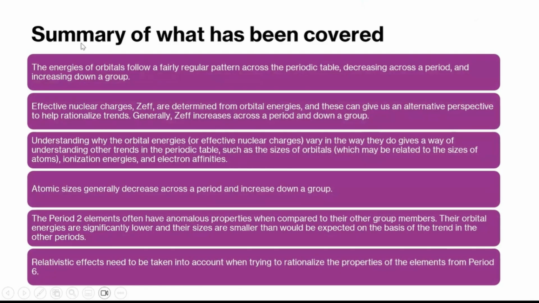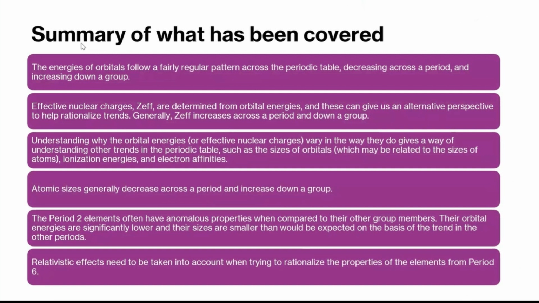So, here's just an overall summary of what we've covered. The energies of orbitals follow a fairly regular pattern across the periodic table as we go down a group and across a period. In addition, understanding trends in effective nuclear charge can give us an alternate perspective on different periodic trends. Generally, the effective nuclear charge increases across a period and down a group.